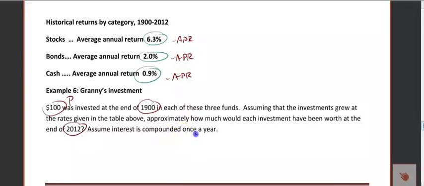Interest is compounded once a year. So that means I'm using this formula, that A equals P times (1 plus APR over N) to the N times Y. And I think we have everything that we need to sprinkle in for these three situations and see what that investment would be worth now.